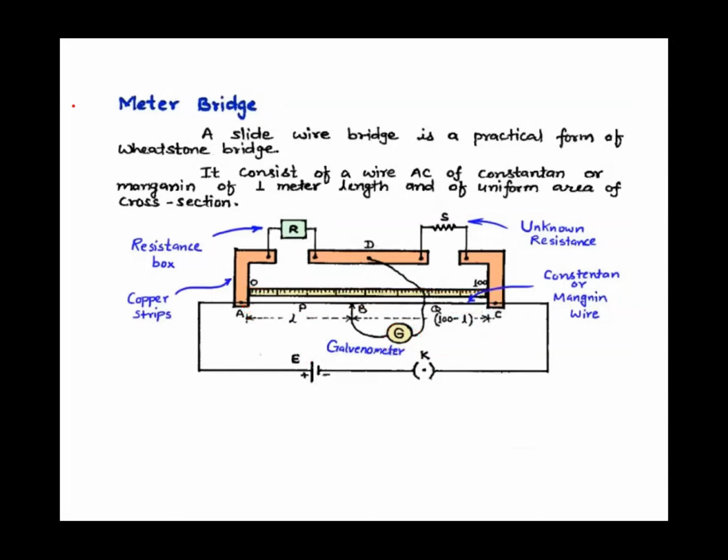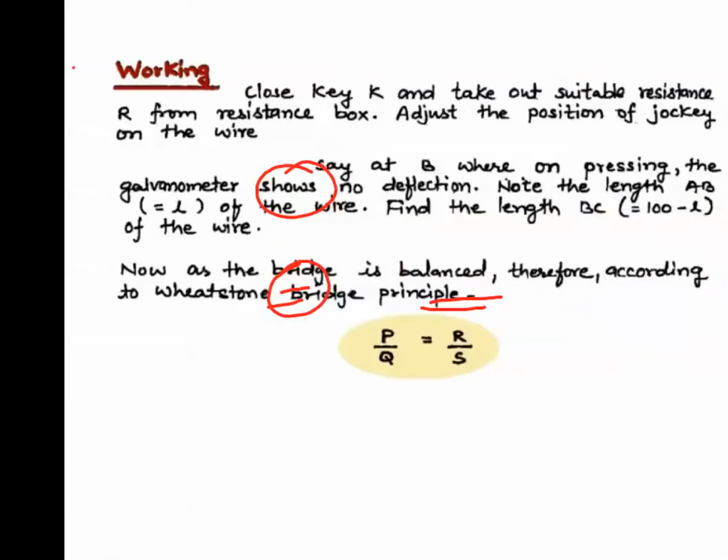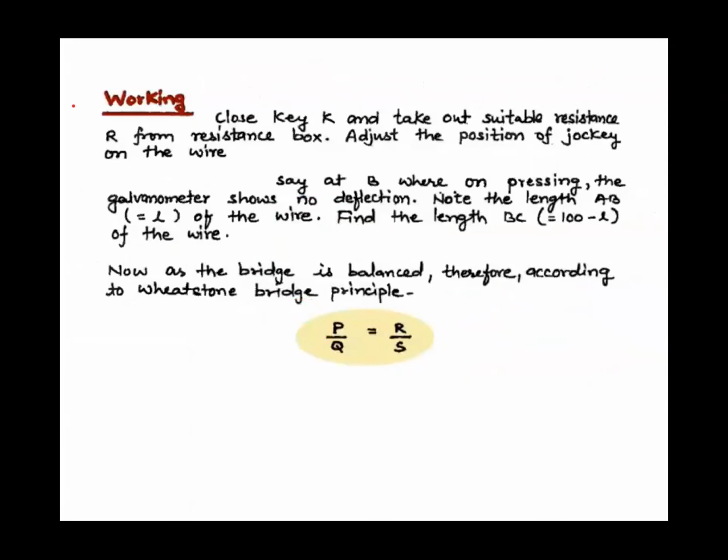So what we are going to do? We are going to get the balance length L after removing suitable resistance from the resistance box R. So we will get the value of L and the value of 100 minus L, that is the remaining part at the back. Right children? So what did we do?